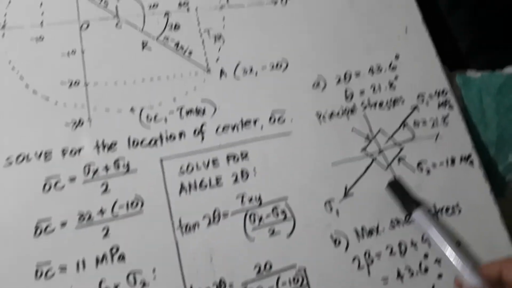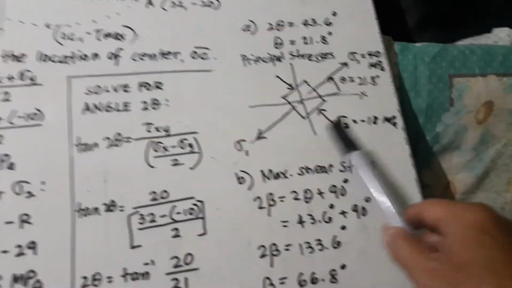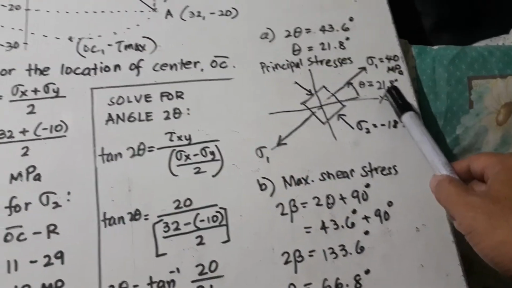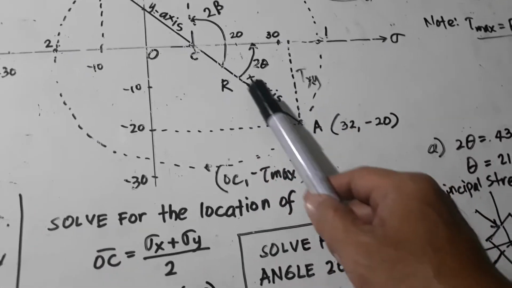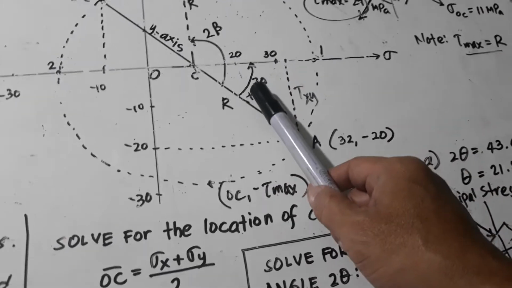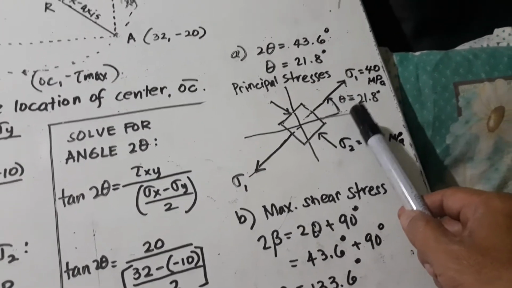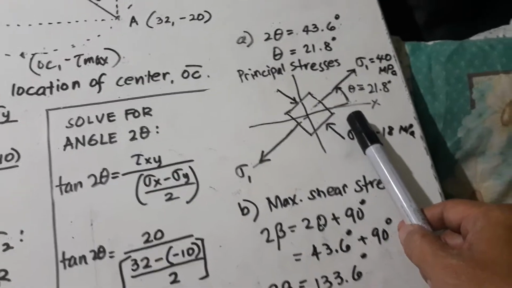To draw the view of the element having the principal stresses, we need the angle 21.8 degrees, because from the x-axis we move 2 theta in the Mohr circle, in which the angles are doubled. Here in the x and y plane, the angle is just half of the angle in the Mohr circle.